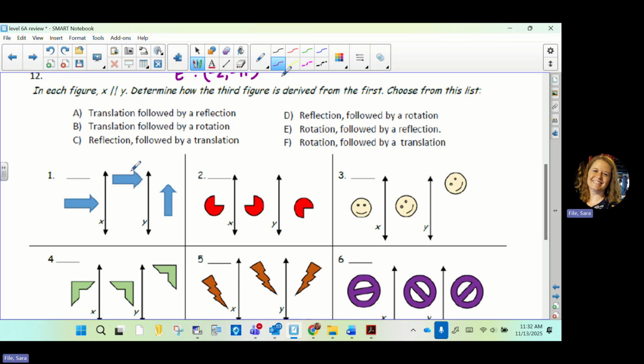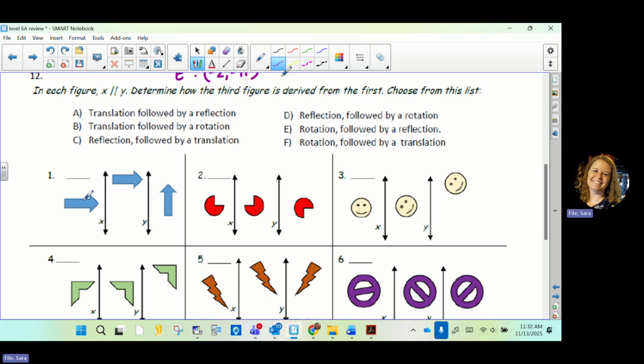So the orientation did not change. Remember, when we talk about reflections and rotations, those typically change the orientation of the image, meaning it's going to be facing a different direction. A translation maintains or preserves the orientation.